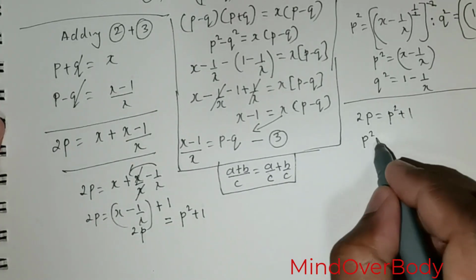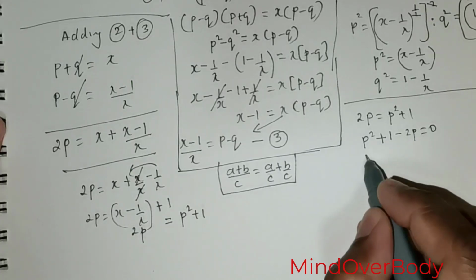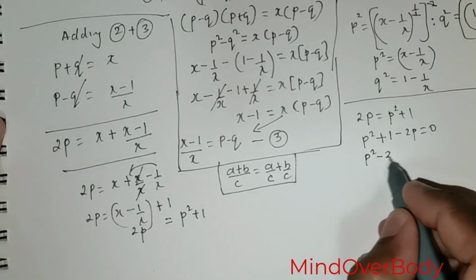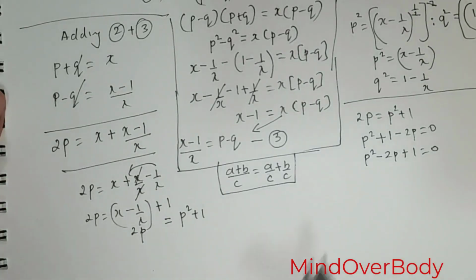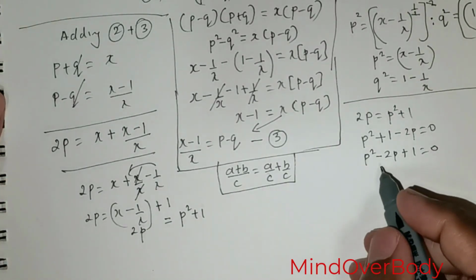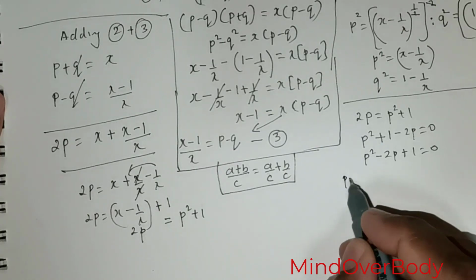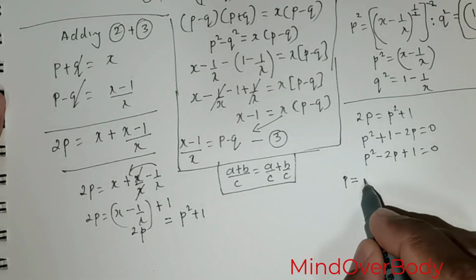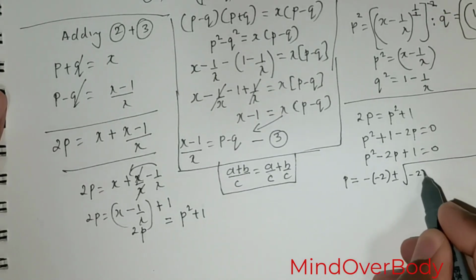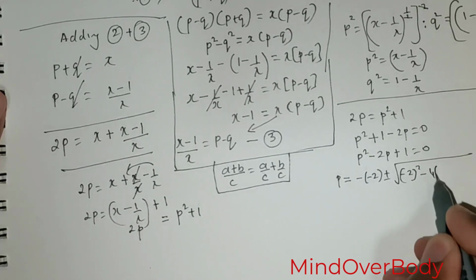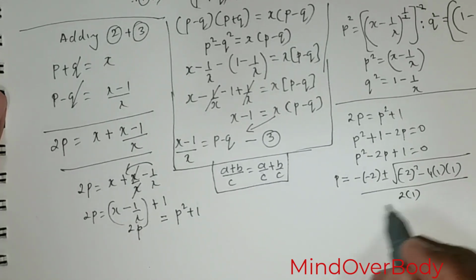I'm going to rewrite this as p² + 1 − 2p = 0, which is p² − 2p + 1 = 0. This is a quadratic in p, and we can solve it using the quadratic formula. So p = (−(−2) ± √((−2)² − 4ac)) / 2a.